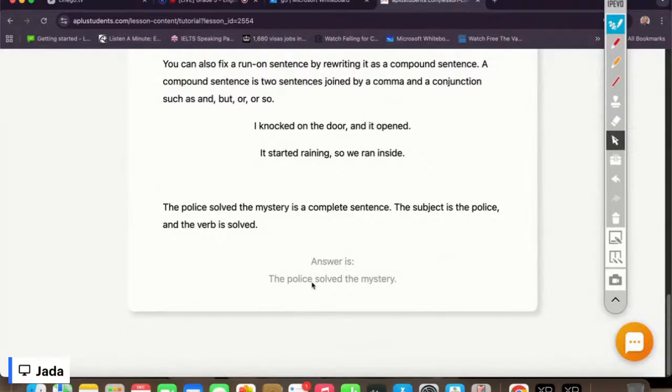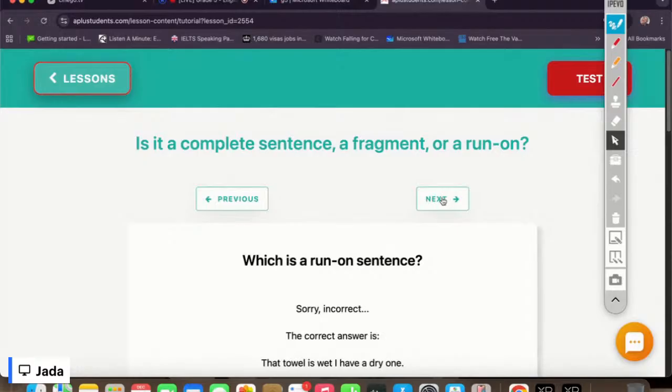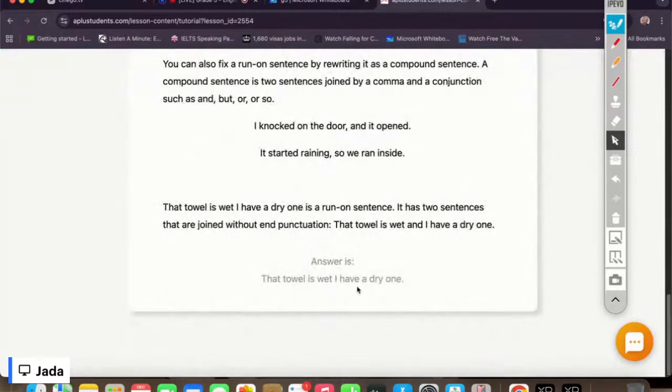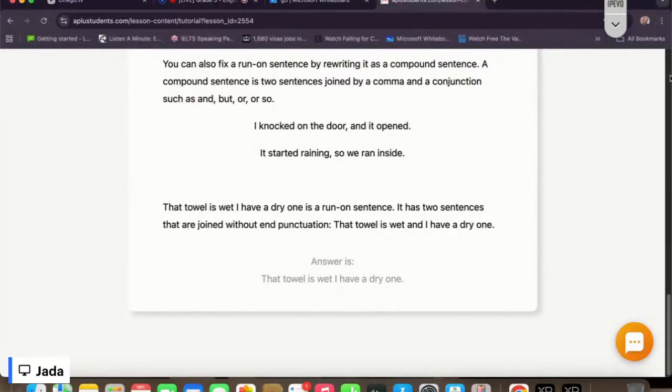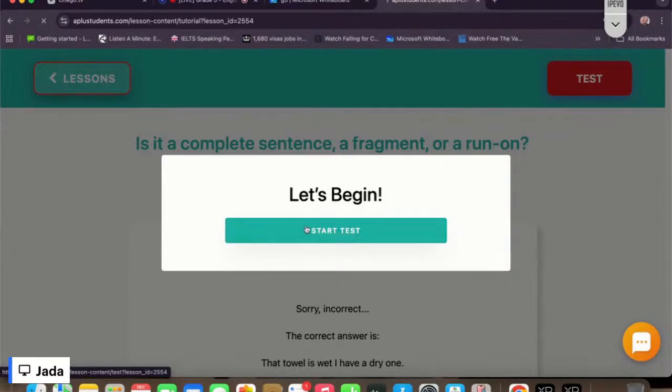It's a complete sentence because it has the subject and the verb. So which is a run-on sentence here? "That towel is wet. I have a dry one." Let's move on to the test now, and you can share your answers with me. Which one would be the run-on, the fragment, and also the complete sentence?